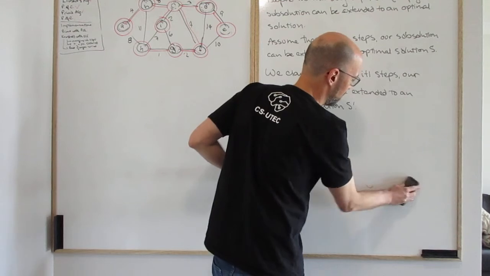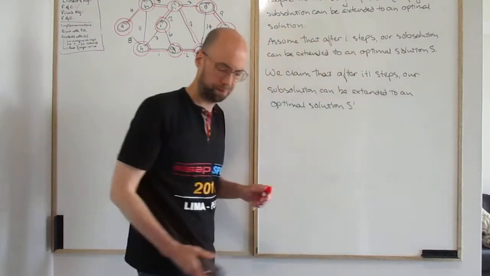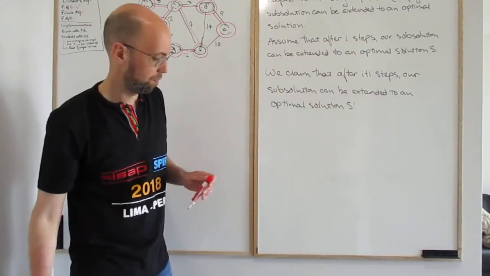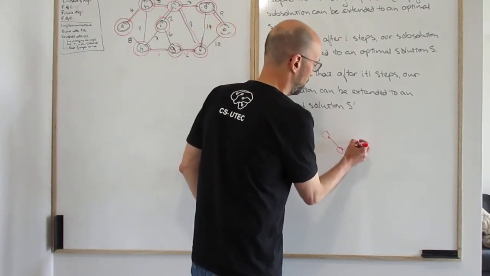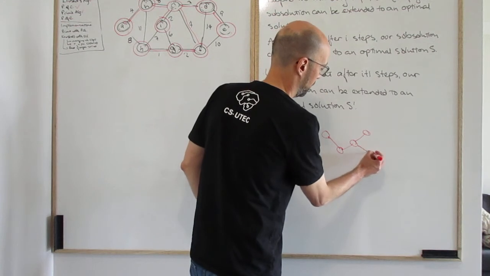And it's not so easy. So now with Prim's algorithm, we always have a tree.